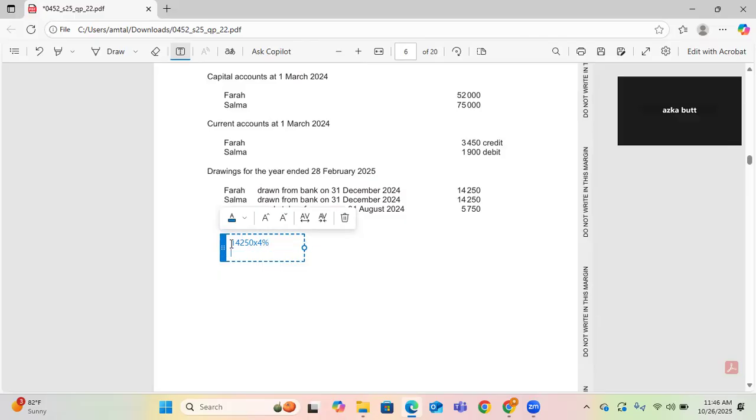Okay, so the answer was 570. Now multiply it by 2 and divide by 12, which is the total months in the year. So this will be equal to 570 multiply 2 divided by 12. That is equal to 95.